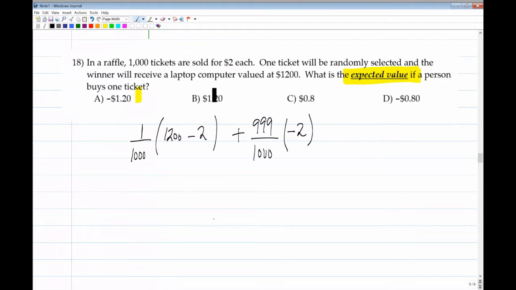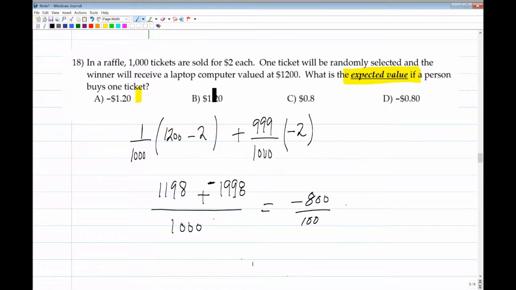Now to do the calculation, over here we have 1,198, and right here we have minus 1,998, and this is actually a plus, but it is a negative because it came from minus 2. When you're done, you divide everything by 1,000. Therefore, this is negative 800 divided by 1,000. So the expected value is negative 0.8.